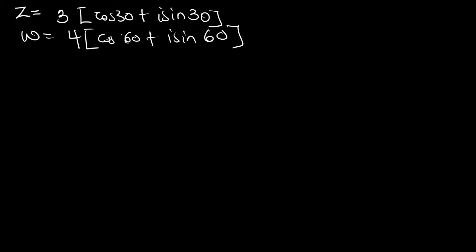We are supposed to find z omega. Right? So z omega is basically z times omega.